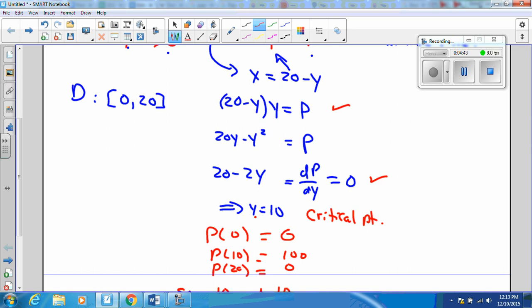Don't feel bad, but it's a good object lesson. He took y equals 10 and he put it back into P prime. Shockingly, he got 0. Of course he would, because that's how we found 10 to begin with. We set the derivative equal to 0. What we're interested in is the value of P at 10, not P prime. Good, very good. Any other questions?